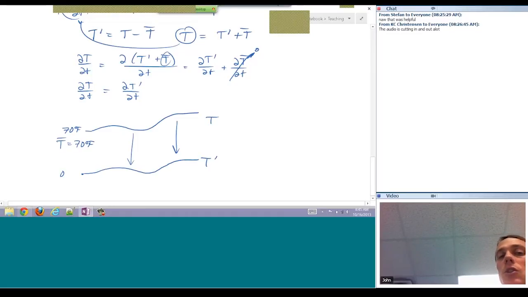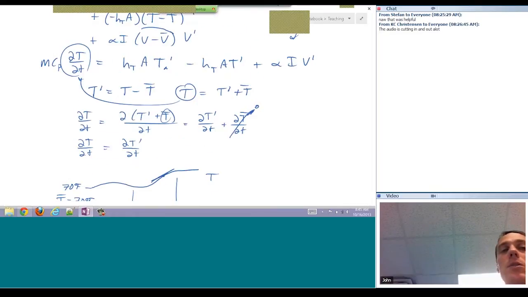The slope at that point is that. If I go down, I have that same slope down here. I've just shifted it down, but the slope is the same wherever I am in that function. That's why we can just substitute T prime in there. Does that make sense?